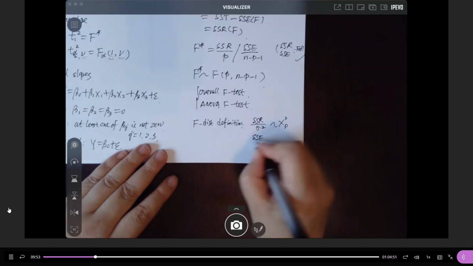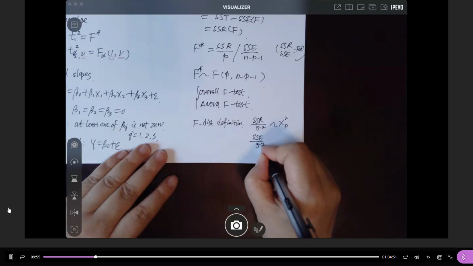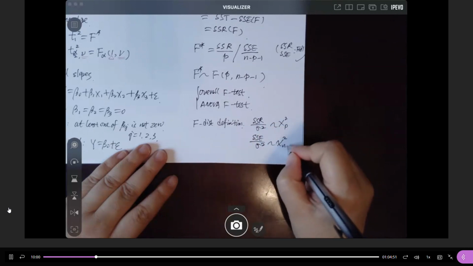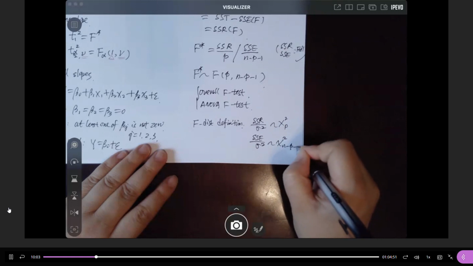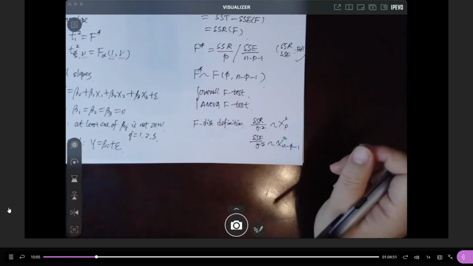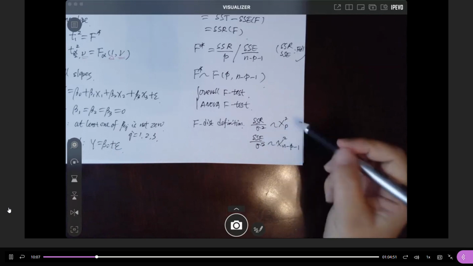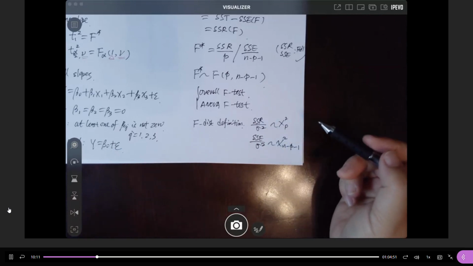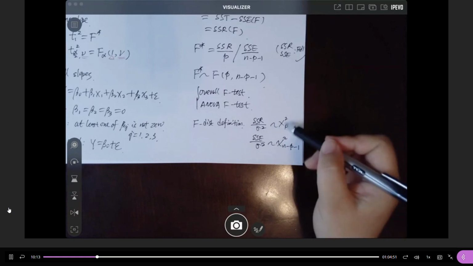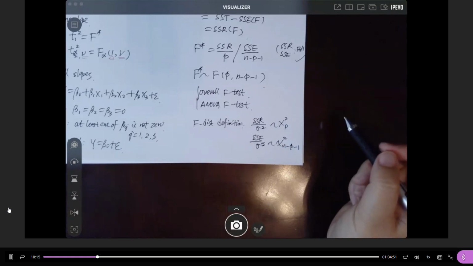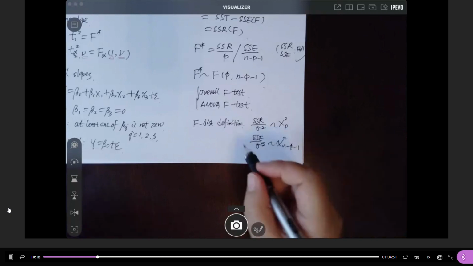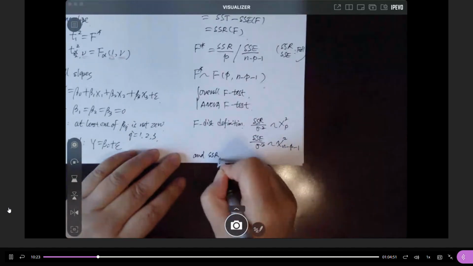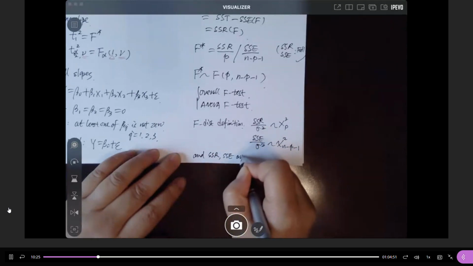The SSE divided by the true variance, sigma squared, also follows a chi-square distribution with n minus P minus 1 degrees of freedom. That's the degrees of freedom for SSE. P is the degrees of freedom for SSR. So in the case of simple linear regression, P equals 1, and you just have chi-square with 1 degree of freedom. And these two are independent. That's also important: SSR and SSE are independent.